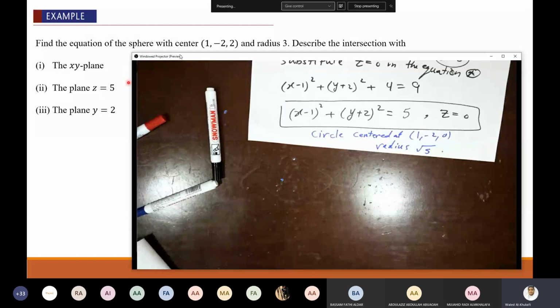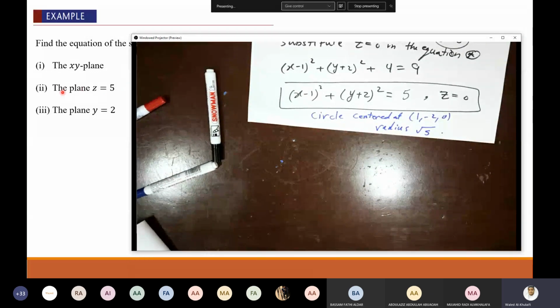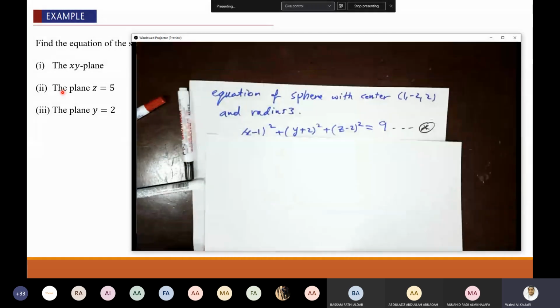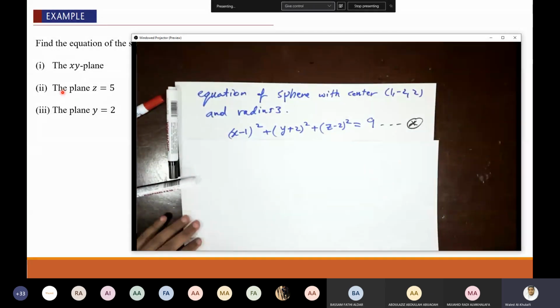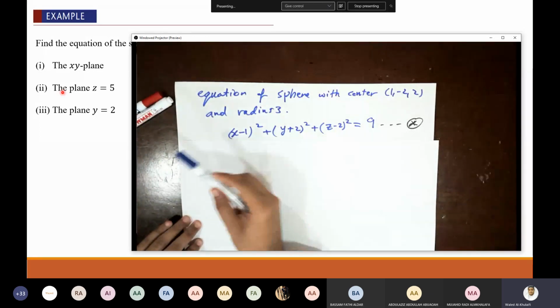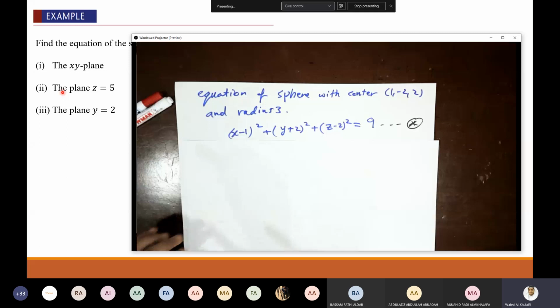Good, very much. Now let's think about part 2. This is the equation of the sphere still, and I want to find the intersection points between this sphere and, as you see in part 2, the plane z equals 5. So we will do the same thing.